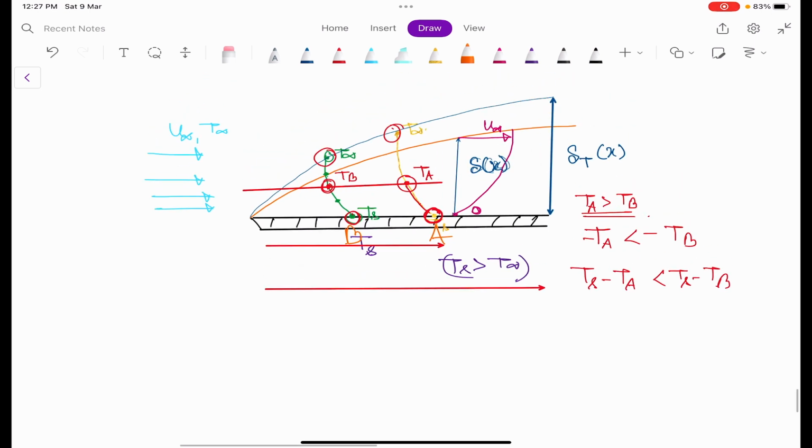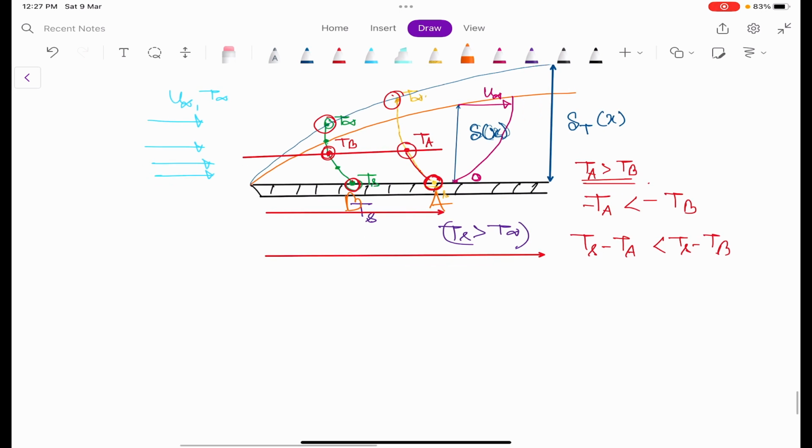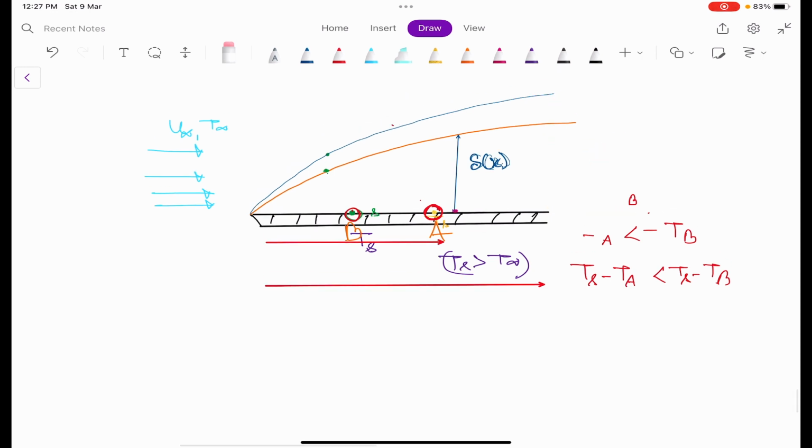Now I am just removing all the unnecessary points. Let me draw this delta T with any other color, maybe this blue yellow color.